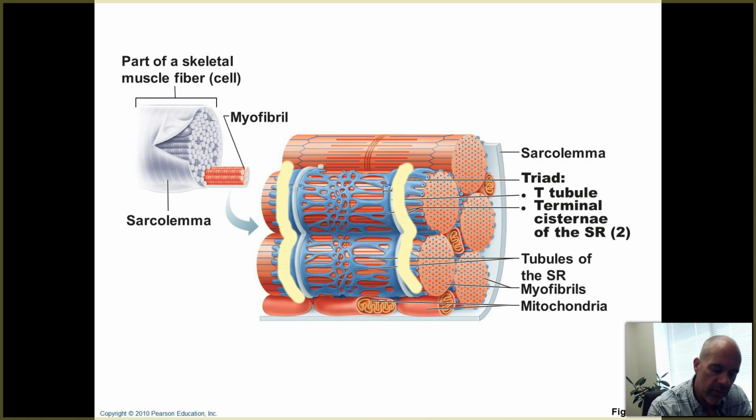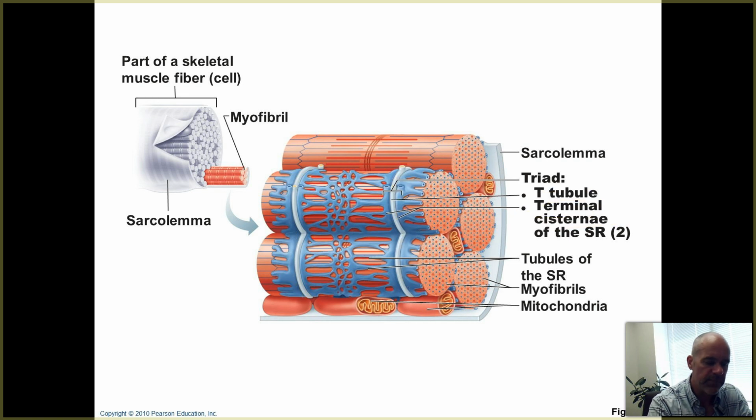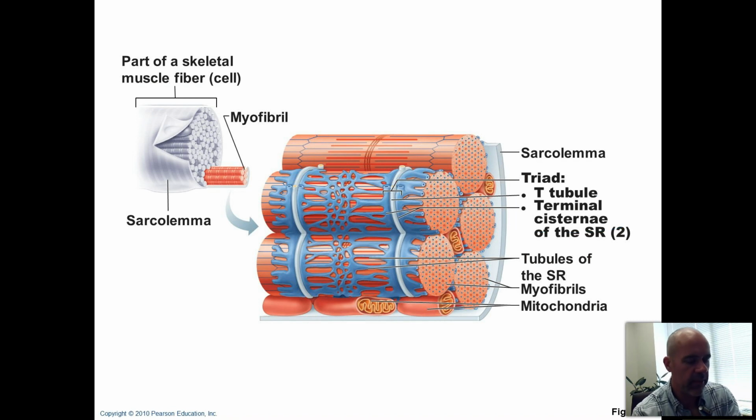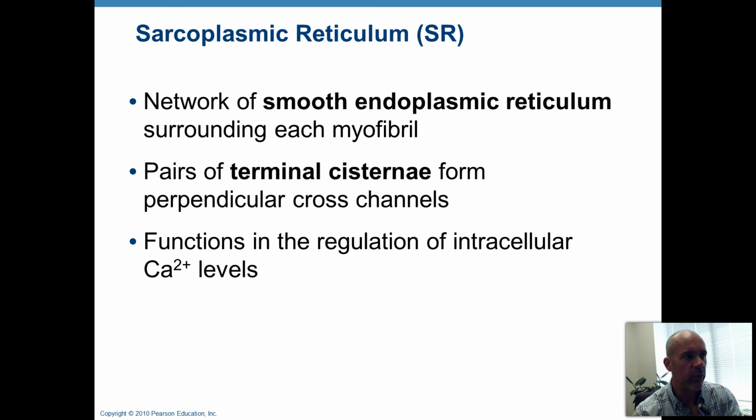Those are called the terminal cisternae of the sarcoplasmic reticulum, where they're running right up against those transverse tubules. We'll be hearing about those parts of your skeletal muscle fibers as we move through the unit as well.